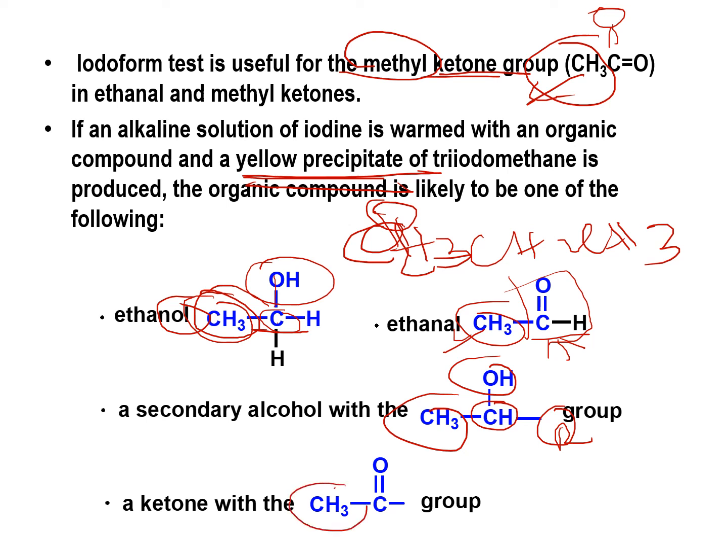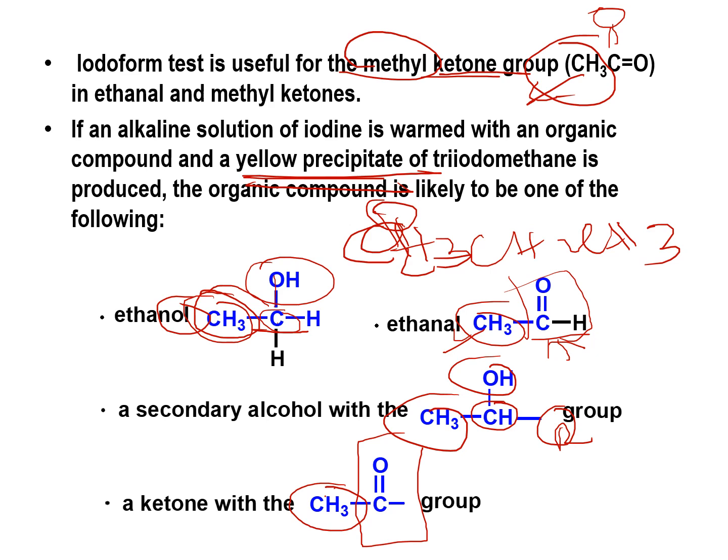As long as you have a methyl group next to the functional group, whether the functional group is ketone or aldehyde or alcohol, as long as you have methyl opposite of the functional group, it will form a yellow precipitate if you react it with the iodoform test.